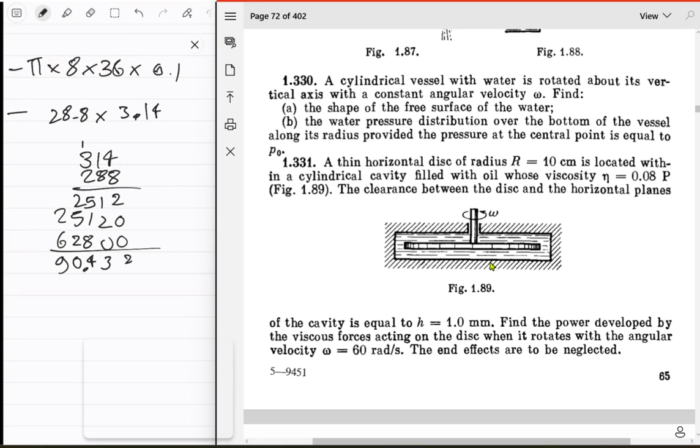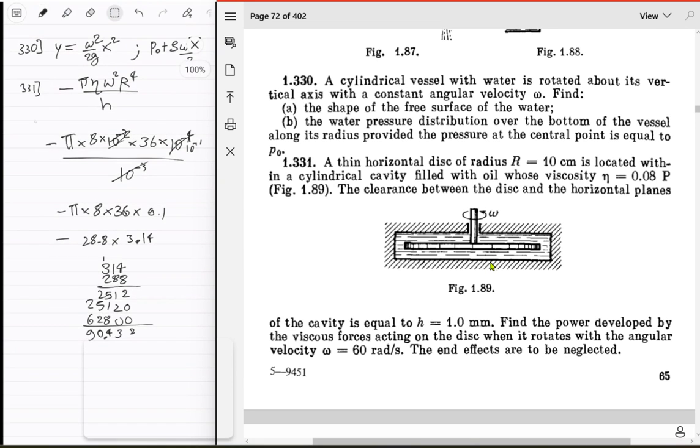So yeah, it will just be 90. I mean, you can always do the, what do they call it?